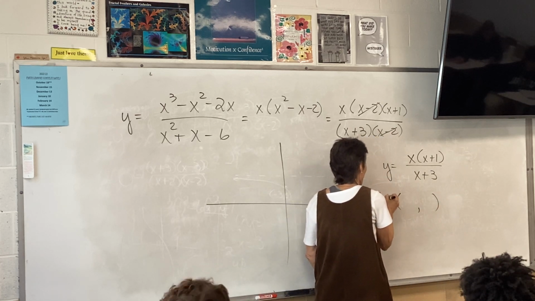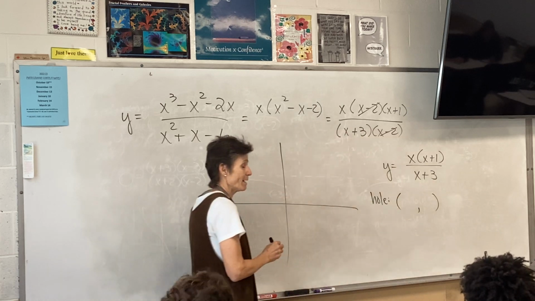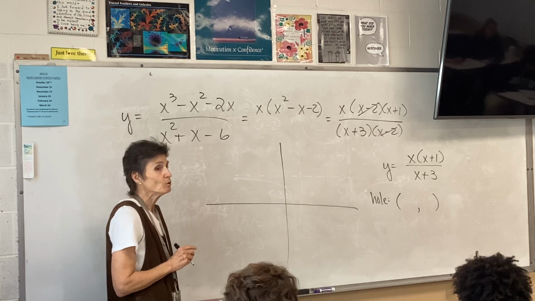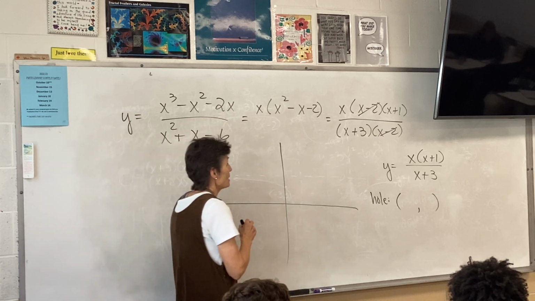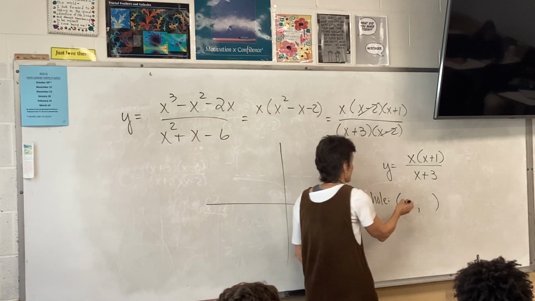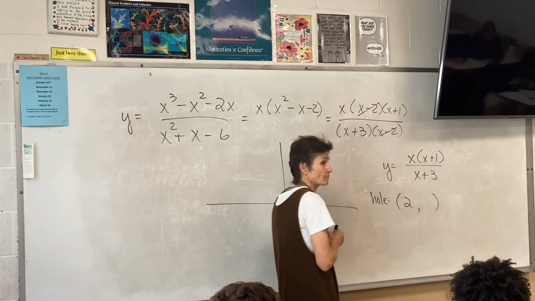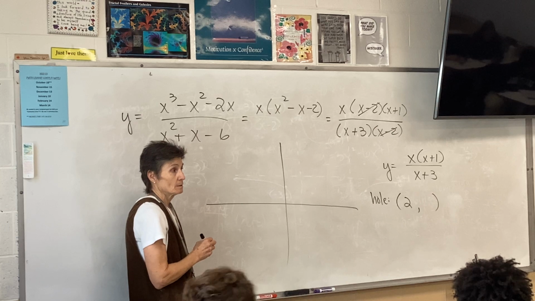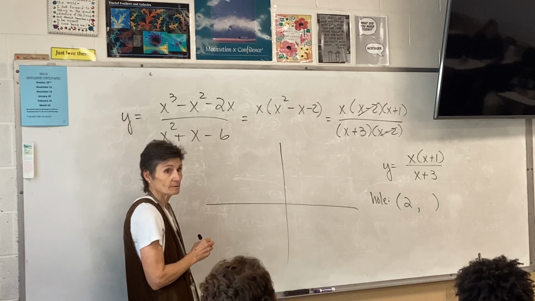It's going to graph as a whole. Whatever factor canceled out, that's where your removable discontinuity is. So it looks like it's where x is 2. Right? That's what I canceled out.